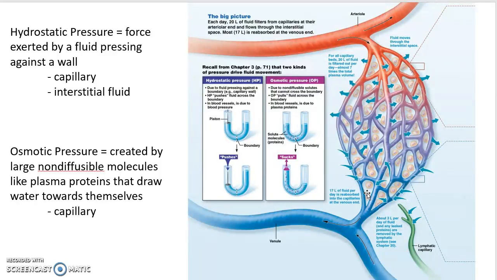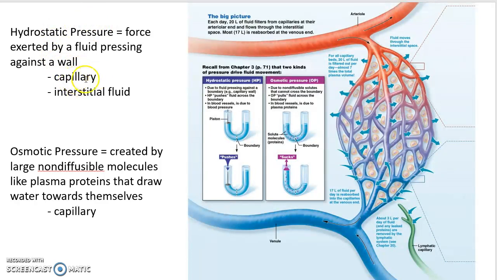There are 2 types of pressures that cause this fluid to do this pattern of going out into the tissues and coming back in. One is called hydrostatic pressure. That is the force exerted by a fluid pressing against a wall. So in other words, this is just blood pressure or fluid pressure.